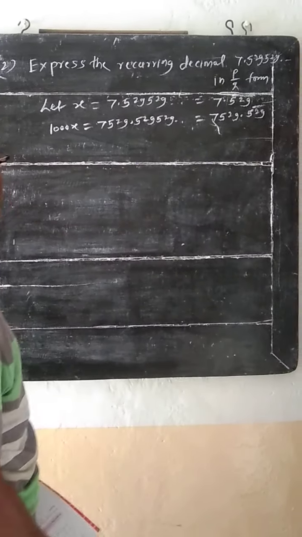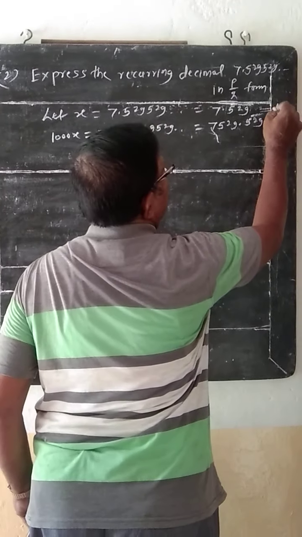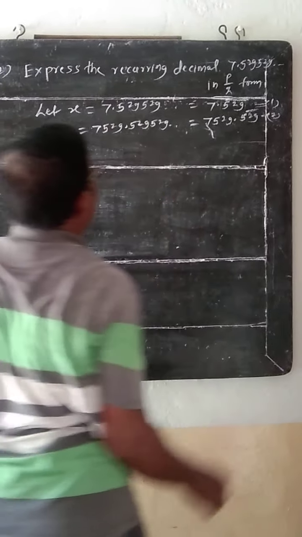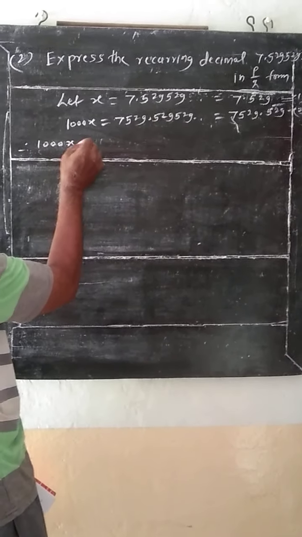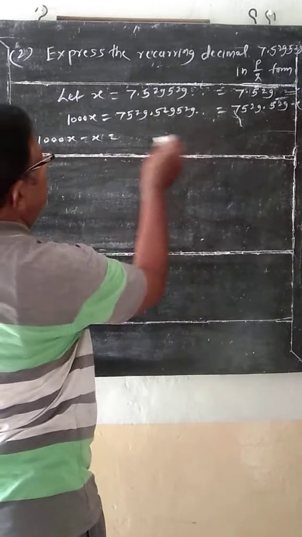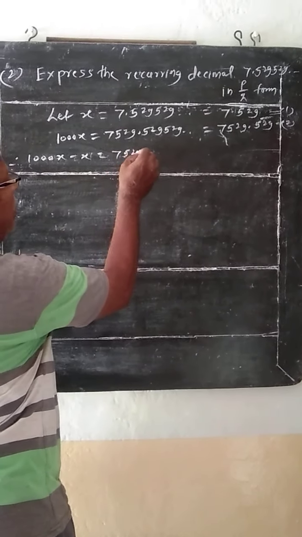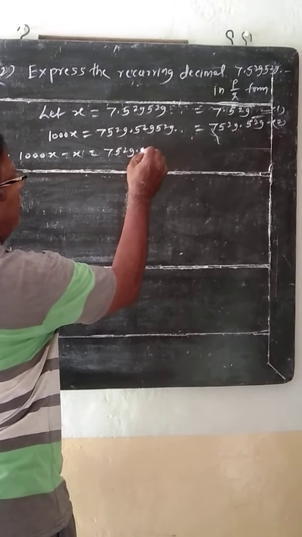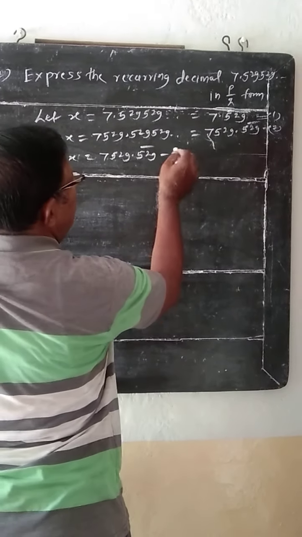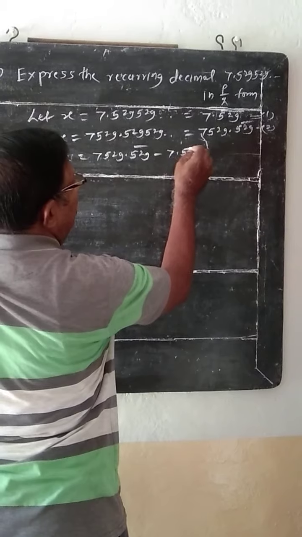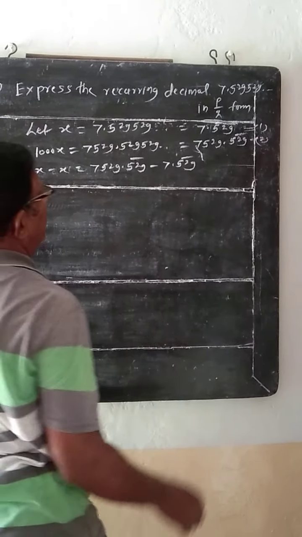recurring. This is 1. This is 2. Then 1000x minus x is equal to 7529.529 recurring minus 7.529 recurring.